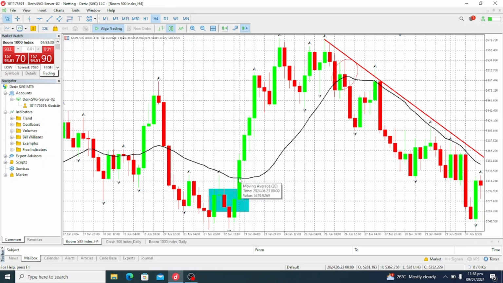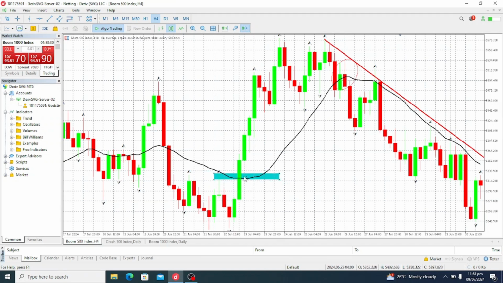If you're a scalper, after it breaks this, let's indicate it here. Look at where it breaks the trend. You'll be using the 4 hour to wait for the break so that you can simply follow the trend.